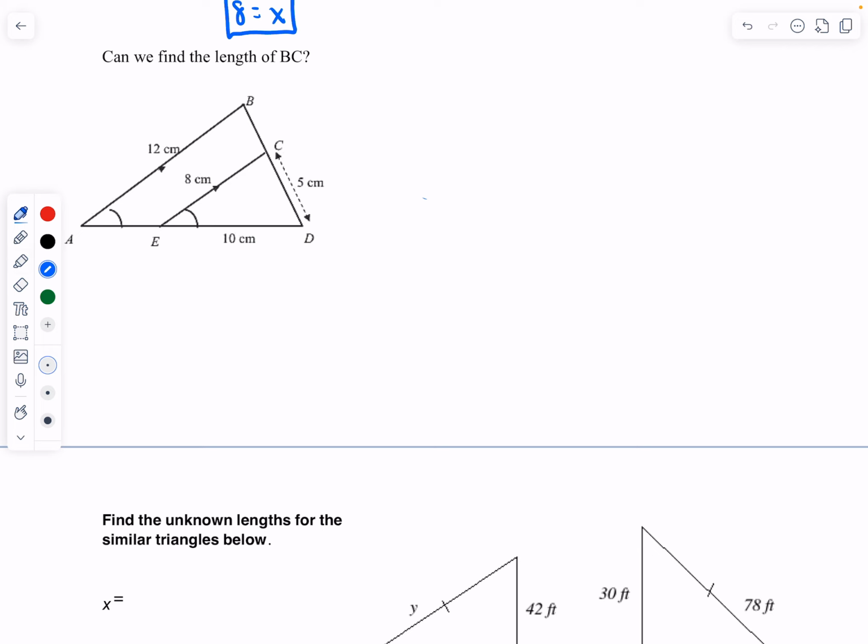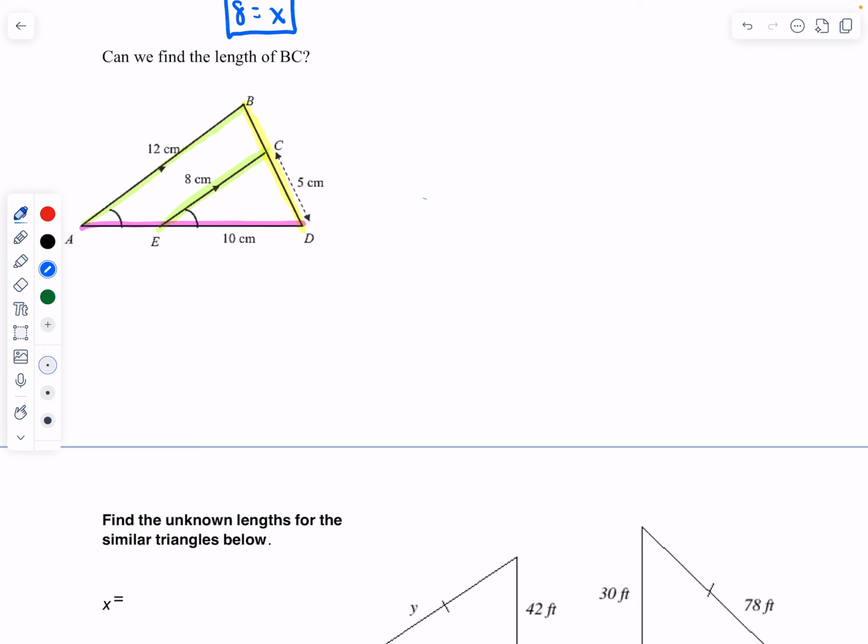This next problem asks me to find the length of BC. So I'm going to color code everything. So we have BD, which is the complete length of this, and CD, which is the smaller triangle's length. And then the base I'm going to make pink. So we're going to have AD and ED. And then I'm going to do in green the corresponding, I can't remember saying corresponding, similar sides. So AB and EC.